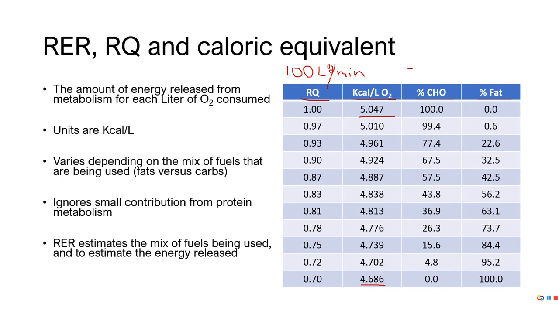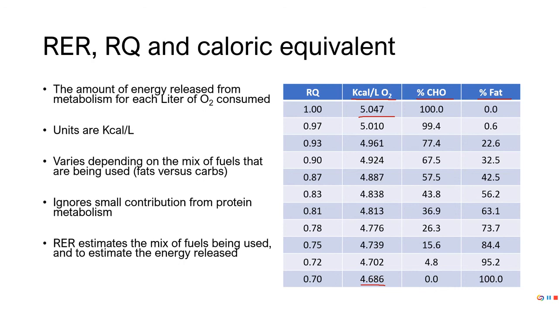So let me back up here just to make it a little more clear. We're going to use these same numbers, but let's just say that I'm at max exercise or max effort here, and let's just say that I'm using 5 liters of oxygen. That's much more realistic as opposed to this 100 that I just said.